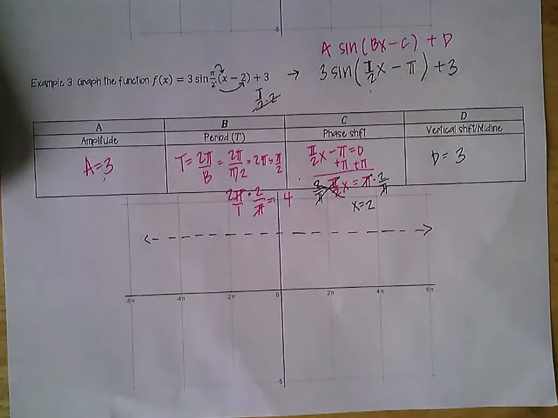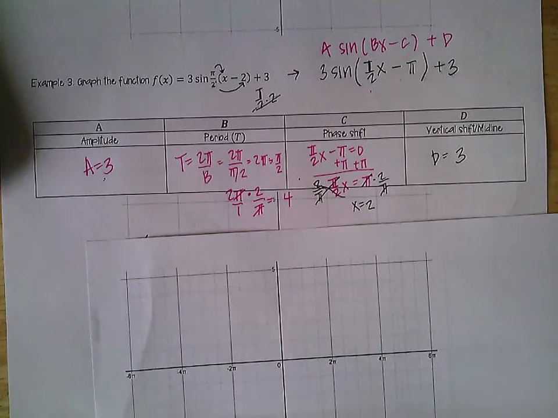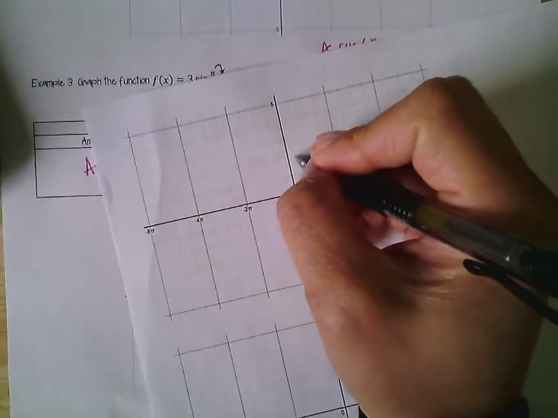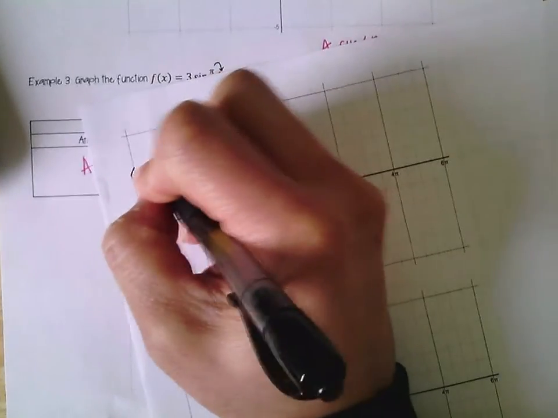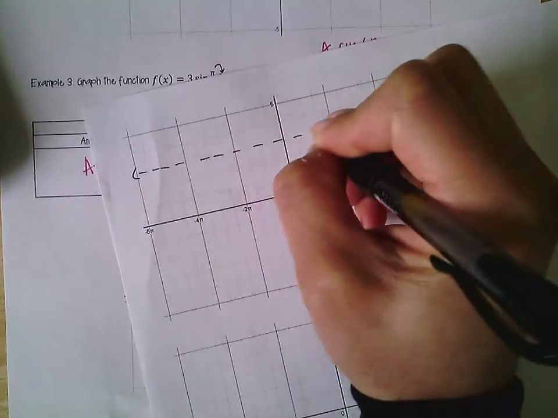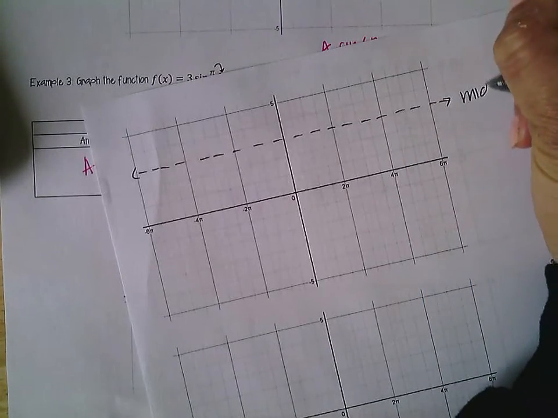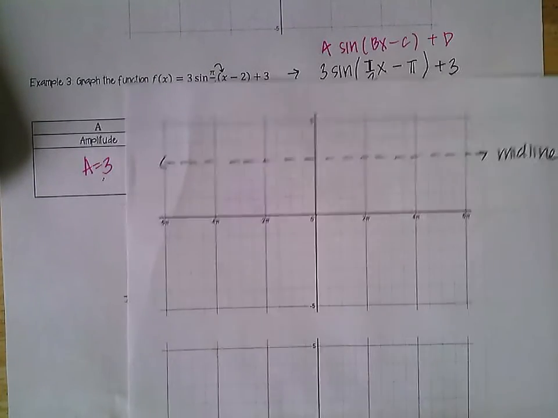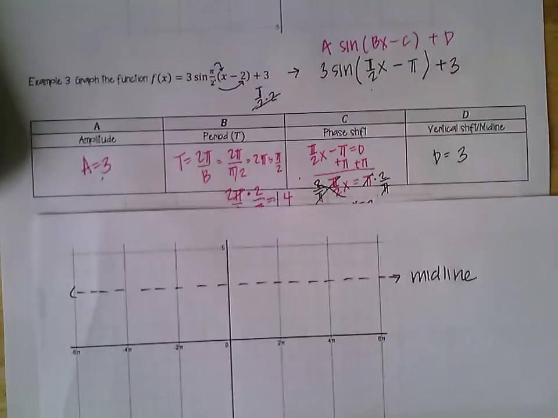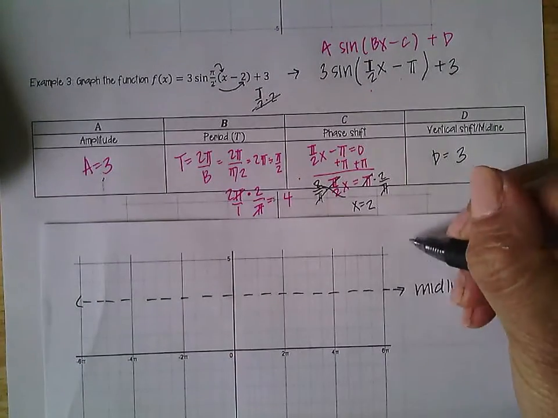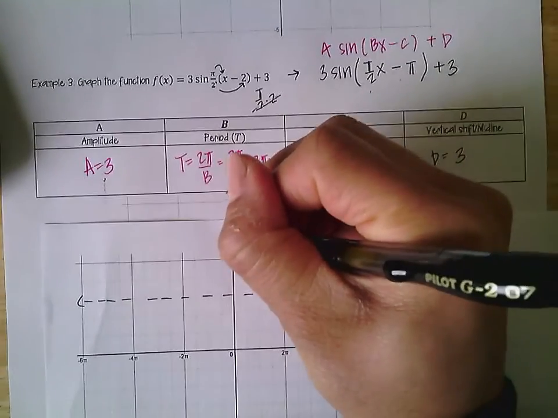So I have some clutter on this graph. Let me just give you another graph here. So let me do this again. So at 3, we're going to draw our midline. And then our amplitude here was 3. So from the midline, we're going to go up 3. So that should be at 6.